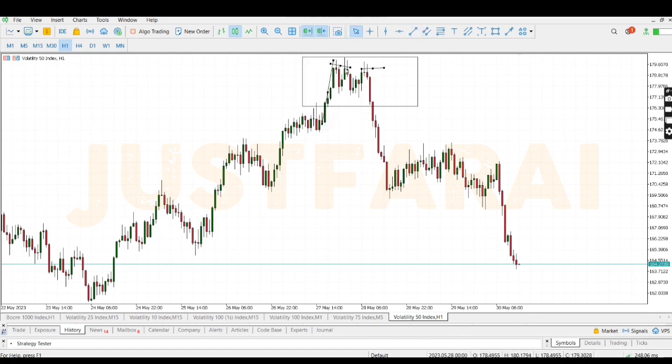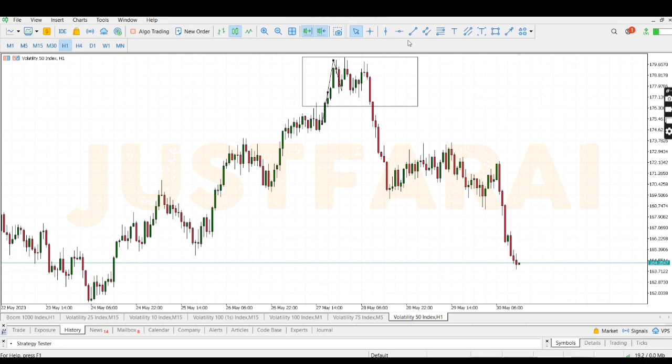Let me delete these so that you guys can understand. With this move up to here, people were buying. They saw the trend going up, then they were buying. After trapping enough buyers, the market maker had to come down to here, to take out these buyers who were buying at these points, as well as inducing more sellers to sell.